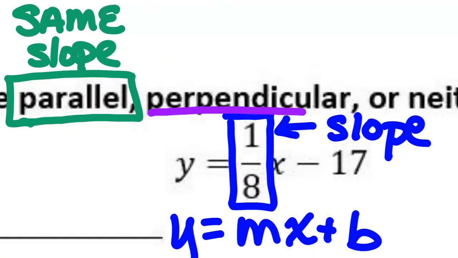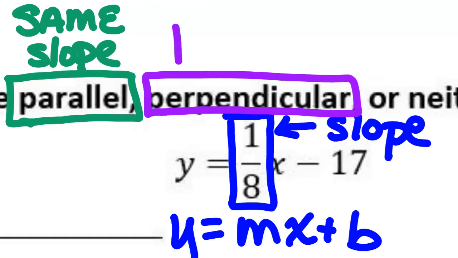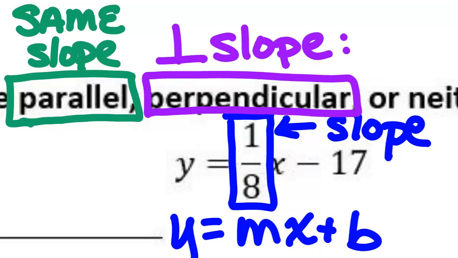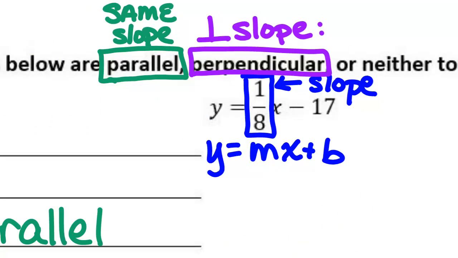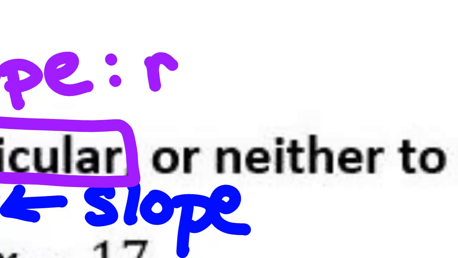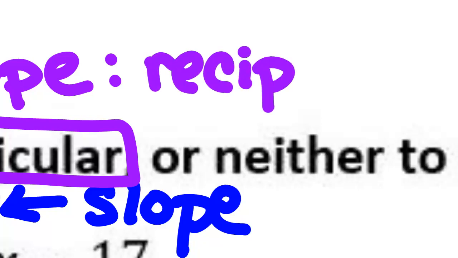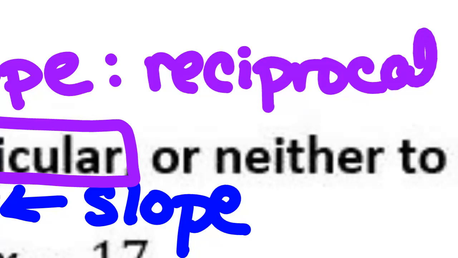What about slope that is perpendicular? What should I be looking for, or how do I find it? The reverse, so reciprocal. What else other than reciprocal? Yep, an opposite sign.